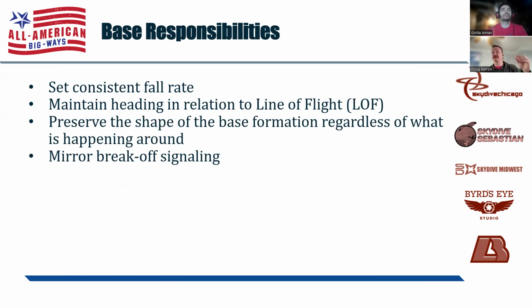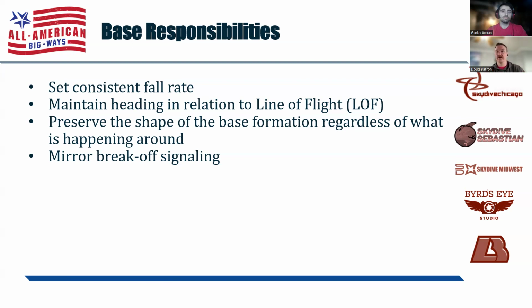Okay, so the responsibilities. This is very key. Many people get stuck in the base and they're like, oh, the base sucks. Actually, the base is the most important part of the formation. The responsibilities of the base are to set a consistent fall rate. We need to maintain the heading in relation to the line of flight. We have to preserve the base shape, because if the base shape changes at all, then it's going to affect the radials of the people farther out in the formation.